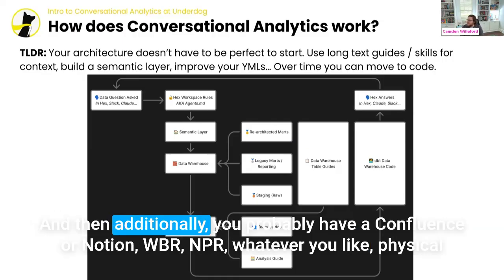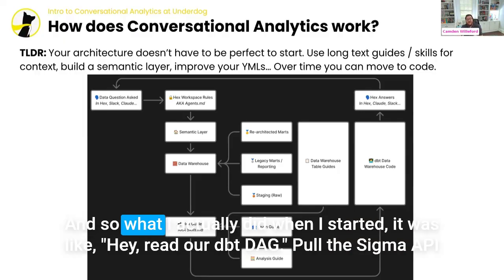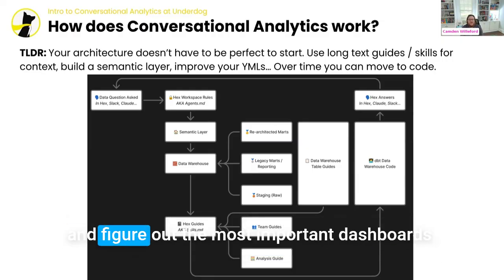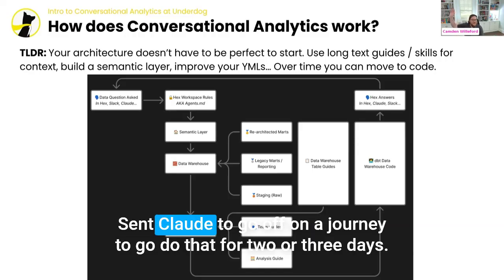And then additionally, you probably have a Confluence or Notion, WBR, MBR, whatever you like, assets that are more long writing style. And so what I actually did when I started was, hey, read our dbt DAG, pull the Sigma API and figure out the most important dashboards, scan Slack, scan Notion, and I sent Claude off on a journey to do that for 2 or 3 days.